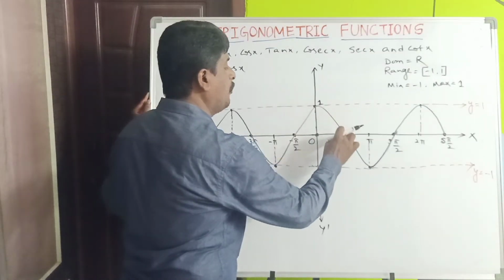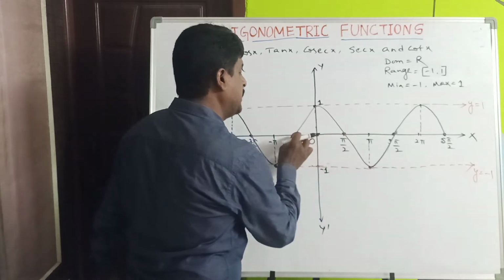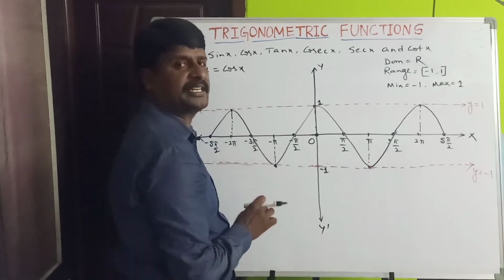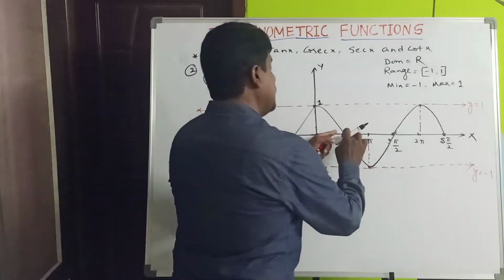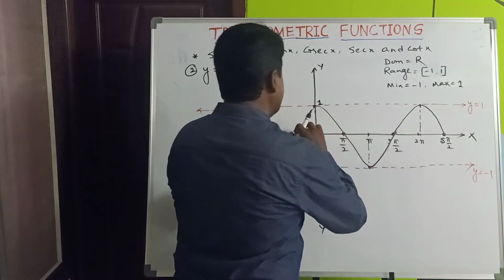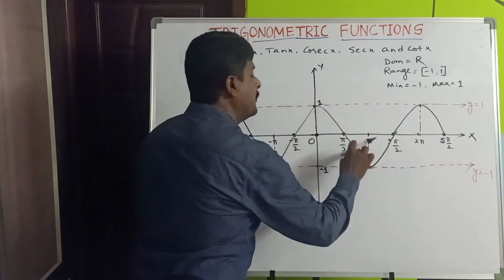This is one upward parabola, from -pi by 2 to +pi by 2, length is pi. Here to here is pi by 2, here to here is pi by 2 distance. Total distance is pi units. This is different. Again pi by 2 to 3 pi by 2 also has length pi. This is the only different graph.